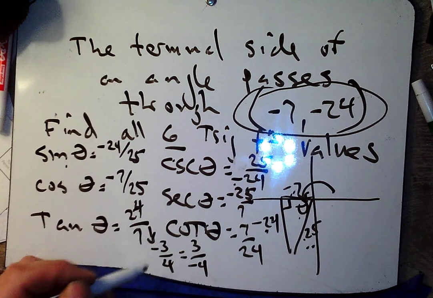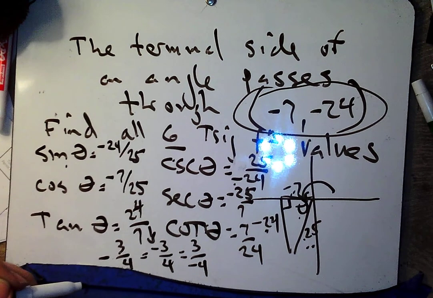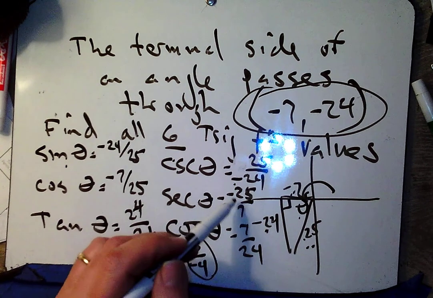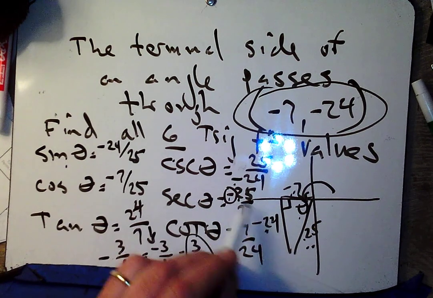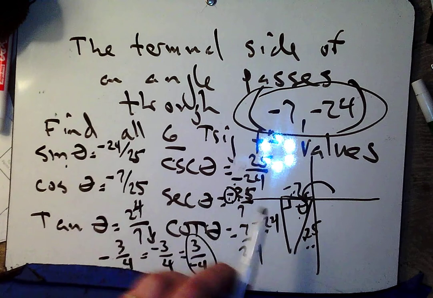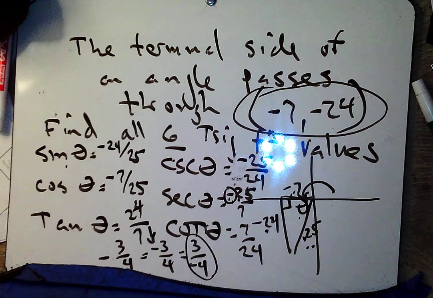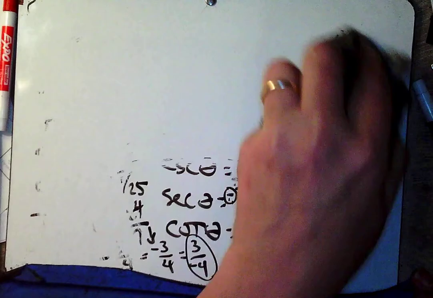But the convention is to put the negative either in top or in front. Now, that doesn't mean I'm going to mark it wrong because you put the negative in the bottom. I just wanted to explain why it was that you were seeing me putting it in the top. I'm not implying that the hypotenuse is a negative number. I'm just following this other convention that says we don't really do that negative in the bottom thing that kids like to do.